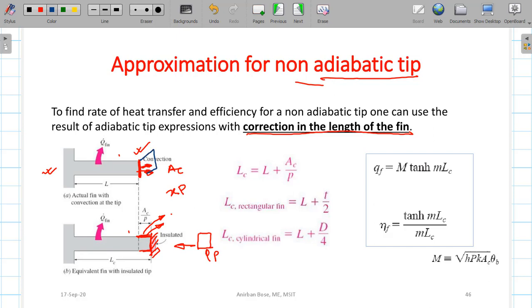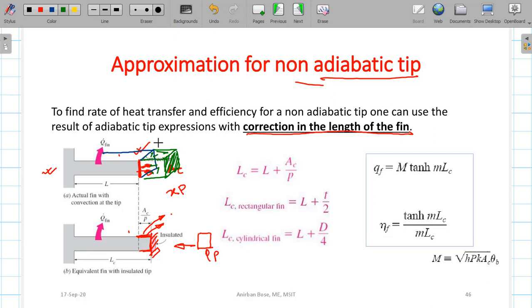Let us consider this is the fin. What you have done actually is you just increased this much, and now you consider this end is insulated. Then what will happen? Basically, this is the area through which convection will take place. And what is that area?